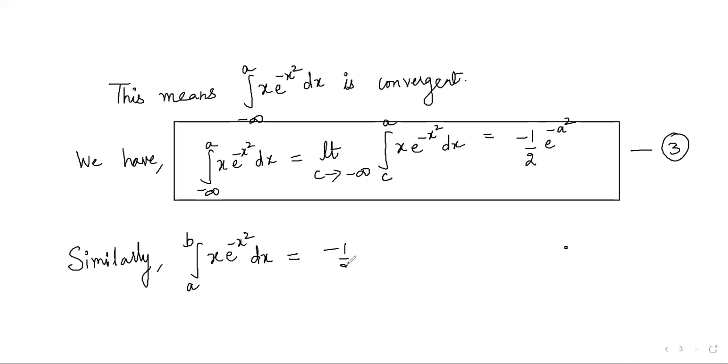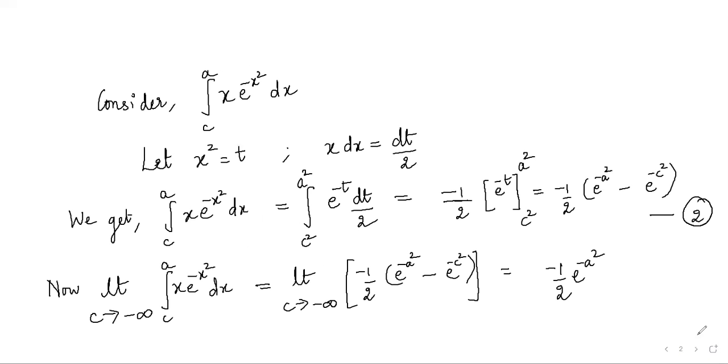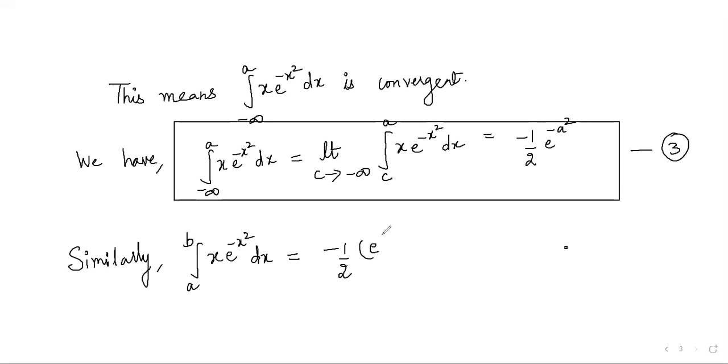So it will be minus 1 by 2 e raised to power, upper limit is here b, e raised to power minus b² minus e raised to power minus a².